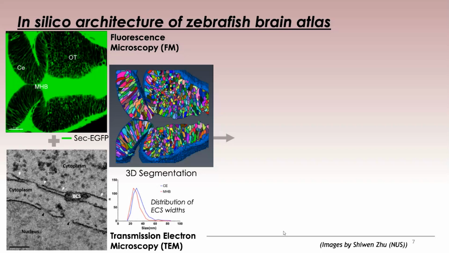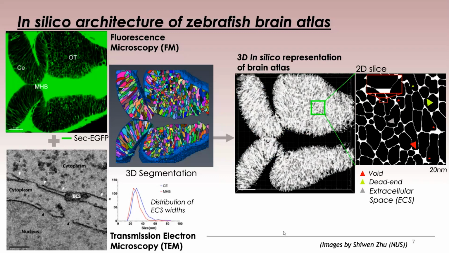So using a combination of imaging techniques and 3D segmentation, we divide the cells up from our images, and with some image analysis, we can obtain a high resolution 3D representation of the zebrafish brain. And this is an example of a 2D slice, which is a binary image. The white spaces are the extracellular space, or ECS, and the black spaces are occupied by cells.